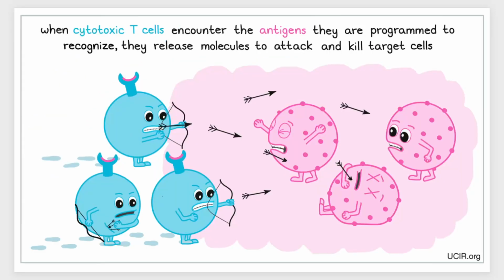So when cytotoxic T cells encounter the antigens, they are going to kill them. It has to do with who they are targeting, so it's specific to a specific antigen. And then they have these little bows and arrows here, which shows they are designed to kill these specific bacteria. It really is like a war going on, strategizing.